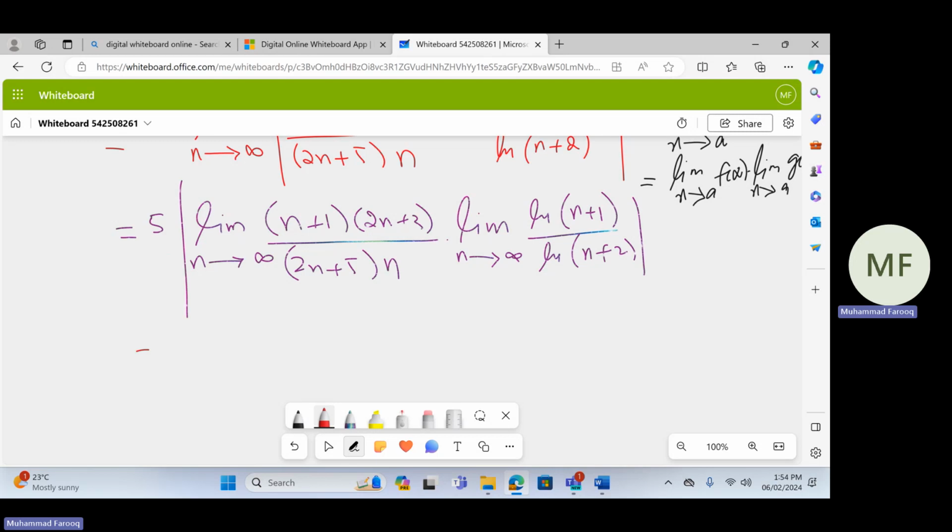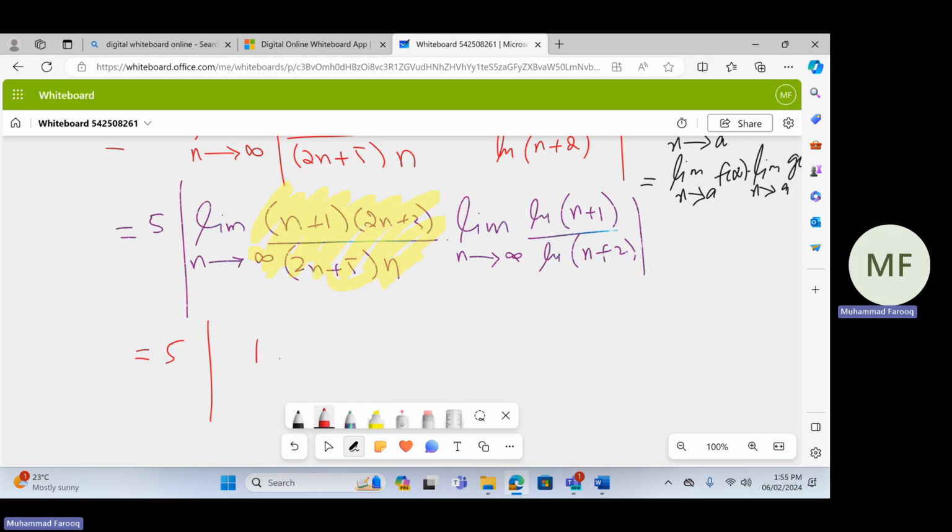So as you all discussed, the answer of this one on infinity is 1, because when you expand, you get the highest degree 2. So up and down, the degree is the same. We can use the shortcut, so take coefficients. The coefficient is 2 here, 2 here, cancel is 1. So basically here is 1 times.